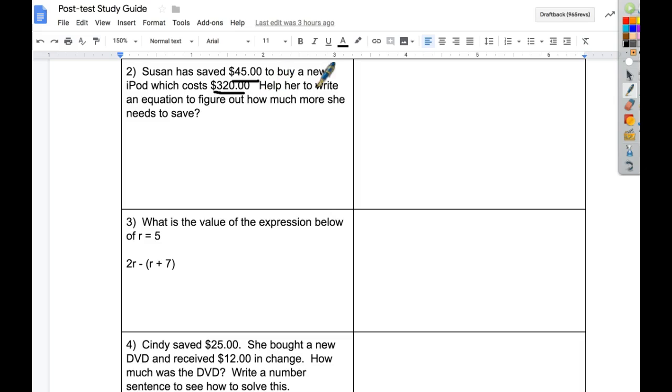Help her to write an equation. That's what you need to do. Write an equation. If it's an equation, you know there's going to be an equal sign to figure out how much more she needs to save. She already has $45. We know the cost. How much more does she need to save?